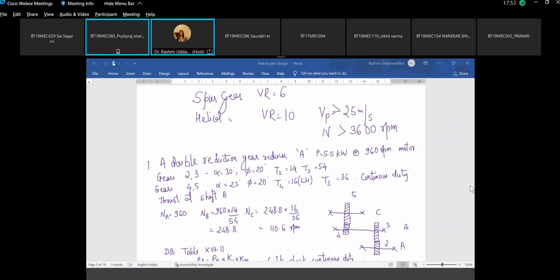Ma'am, thrust is the perpendicular force. Perpendicular to what? To shaft. Perpendicular to the shaft? I don't know, ma'am. Who can tell me? Shantanu, you are there? What do you mean by thrust? That only perpendicular force on the shaft.